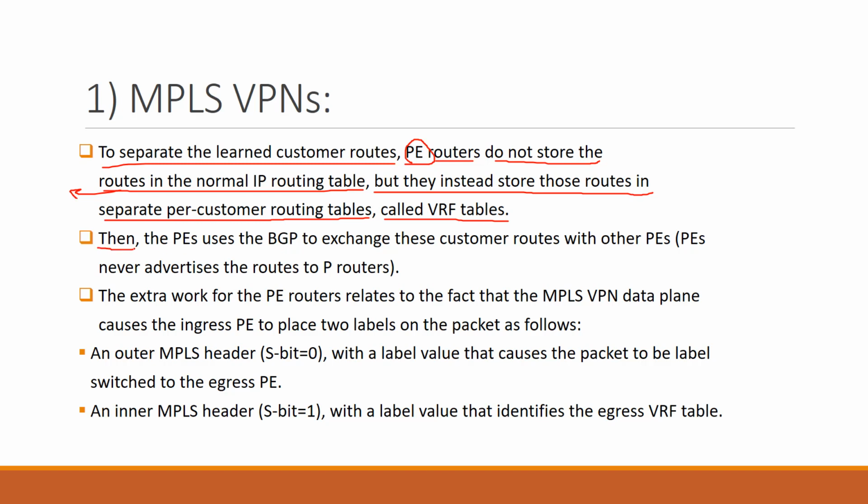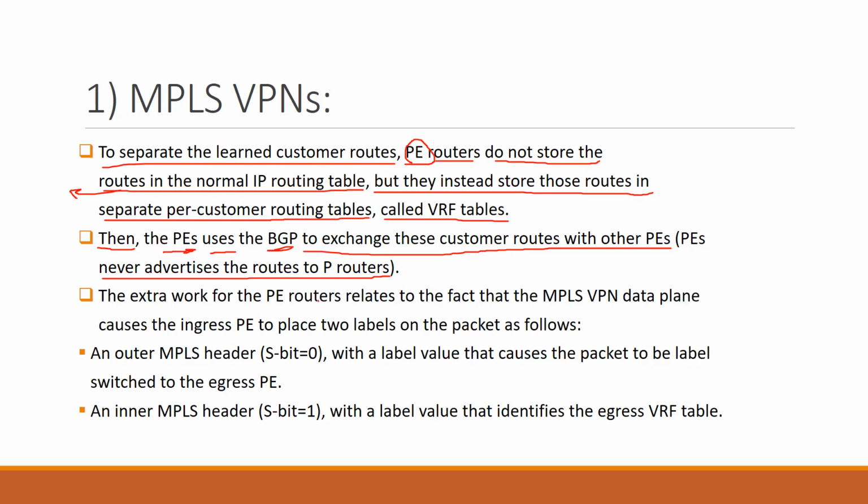Then, after the provider edge routers store the learned routes from each customer in its specific VRF table dedicated for this customer, the provider edges use BGP to exchange these customer routes with other provider edges and never advertise the routes to the P routers.